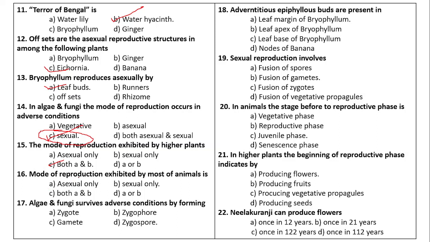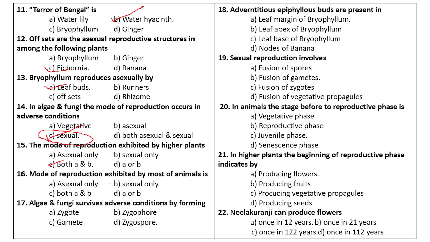Coming to the next question. Mode of reproduction exhibited by most of the animals is dash. Generally, animals show sexual reproduction only, with some exceptions where asexual type can be seen.